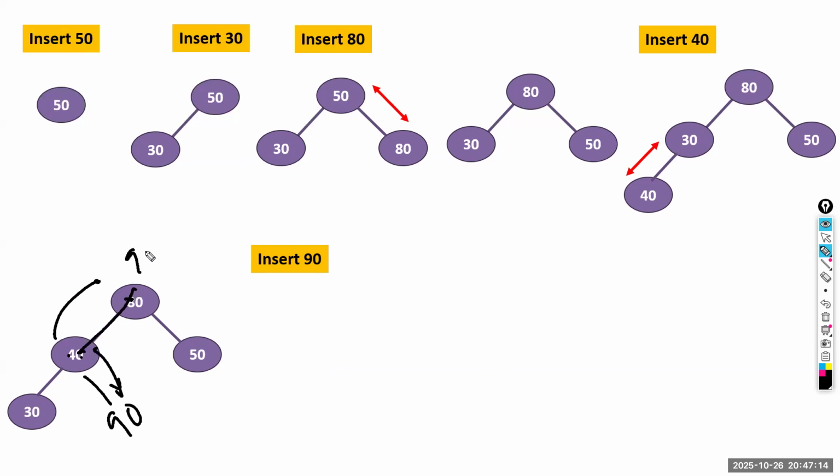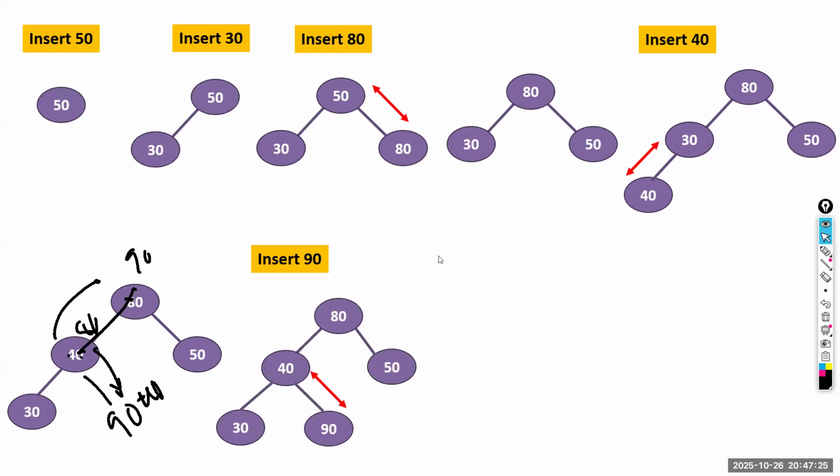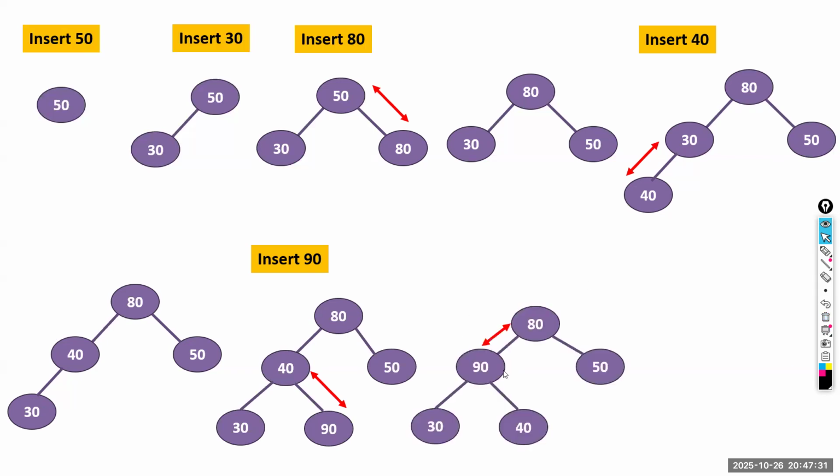So the result is 90 here, 80 here, and 40 here. Simple as that. First we swap these two, then we swap these two. You need to do it until your heap property is preserved.